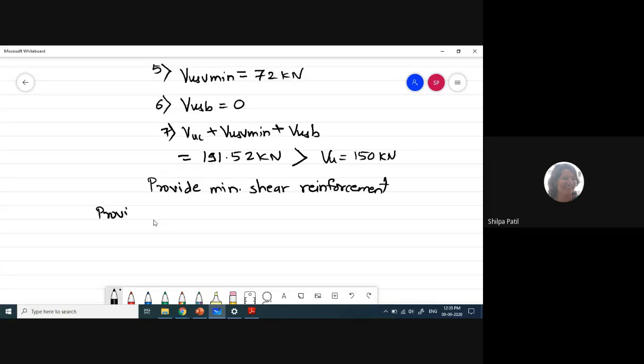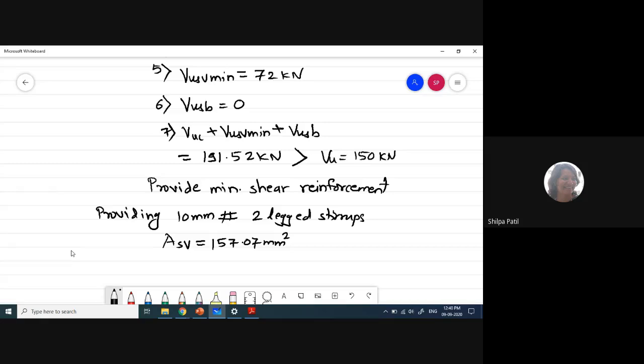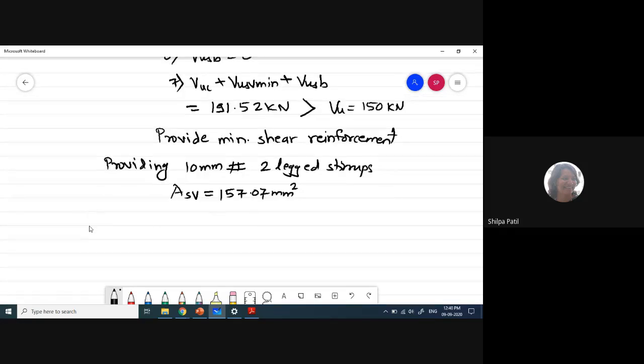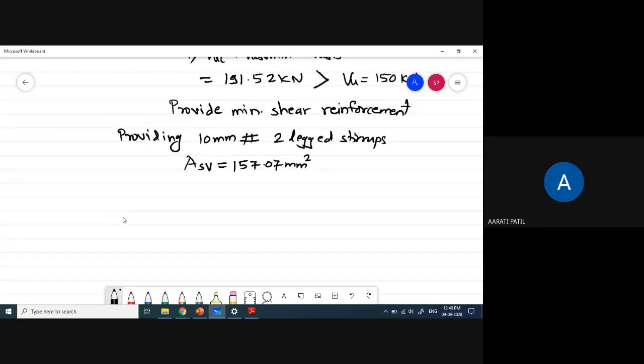Again we will provide the same diameter, 10 mm diameter two-legged stirrups. So ASV will remain the same, which is 157.07. Am I right? The value of ASV. Correct? Yes, ma'am.